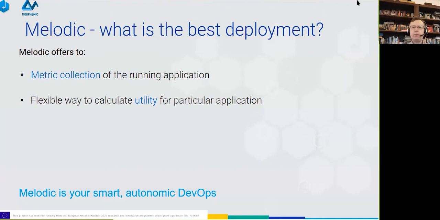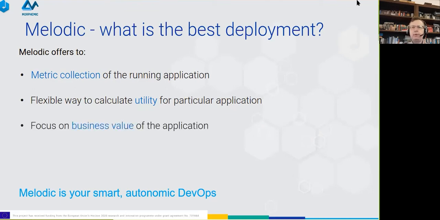It is a concept known from economic theory, the preferences or utility of a given thing for people. And in Melodic, we are able to calculate the utility for a particular application and particular deployment, and thanks to that, determine how good the given deployment is.